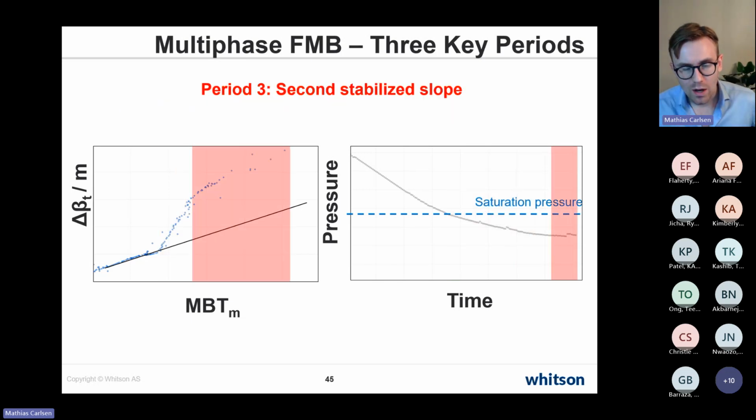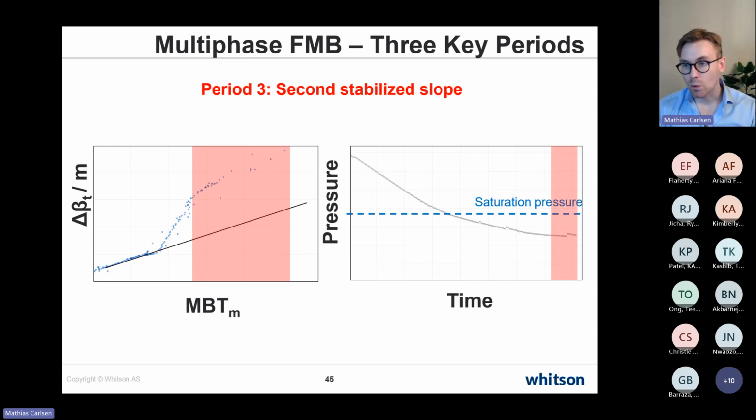And then you start to get more gas, and you're basically able to feel the boundaries while you have the gas in the system, and that will be your second stabilized slope. And in this case, maybe you can see it visually, the initial slope and the late slope are the same, which means that it was in boundary dominated flow before it reached saturation pressure and later. So like the whole tank was observed already before it hit saturation pressure in this case.